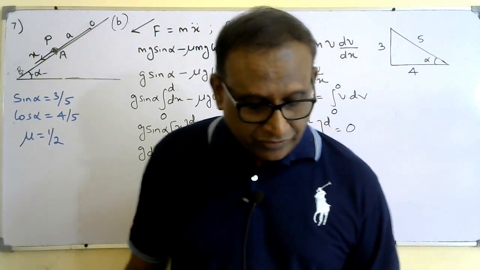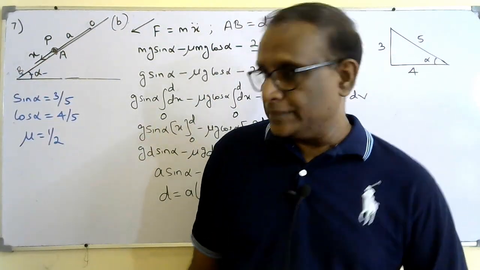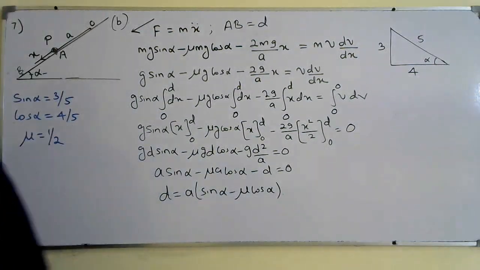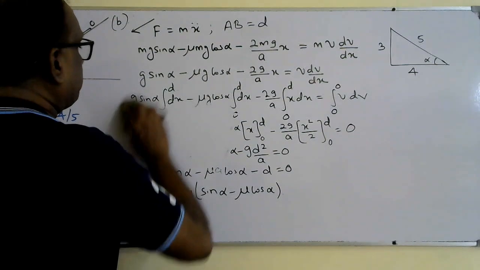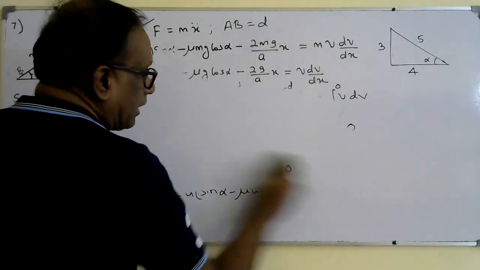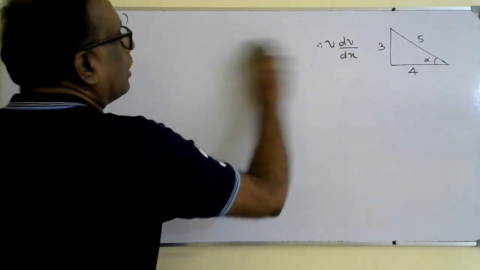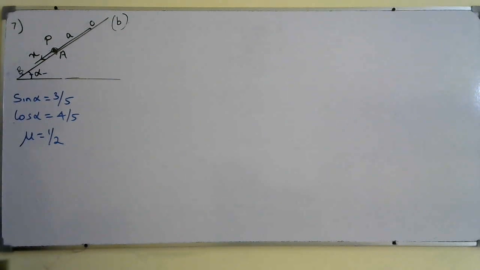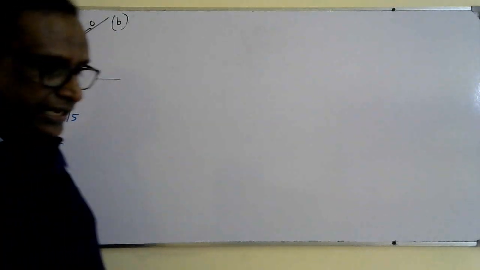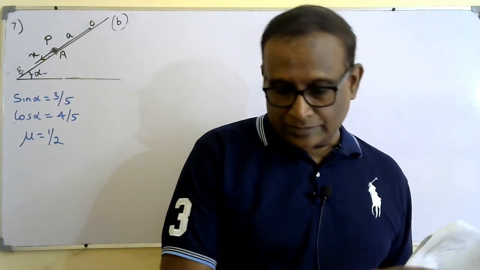So here we are going to find the distance from A at which the maximum speed occurs. For that, we equate all the forces acting on the particle along the plane to 0. First we'll find that distance, then we can use either the energy equation or Newton's second law to find the maximum speed.